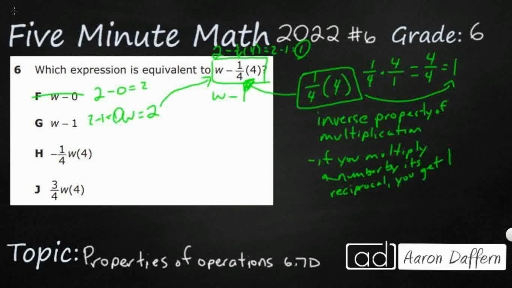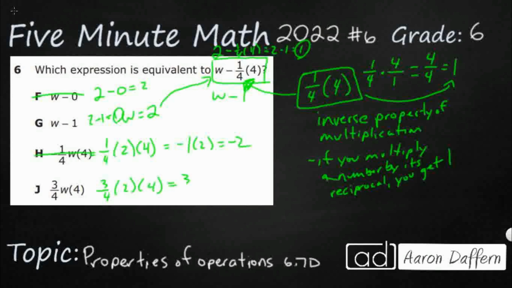Ooh, let's check out H. Negative 1/4 times 2, I'm going to make my W 2 times 4. Well, I can do negative 1/4 times 4, right? That's going to be negative 1 times 2, so that's going to equal negative 2. Nowhere close. And then I've got this 3/4 times 2 times 4.